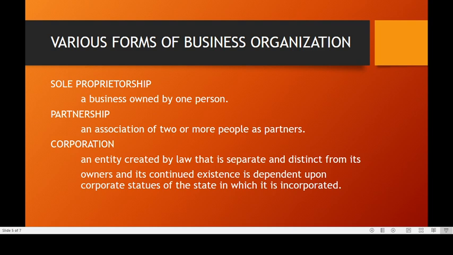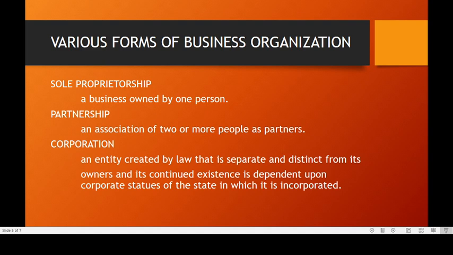Under corporation, the law provides that the existence of a corporation shall only be 50 years, but renewable. So it is not unlimited. The life of a corporation is limited because of the existing provision of the law.